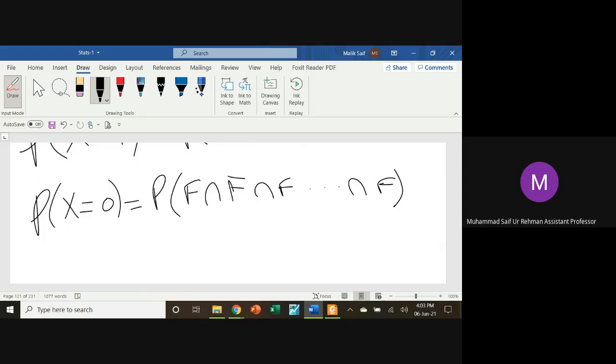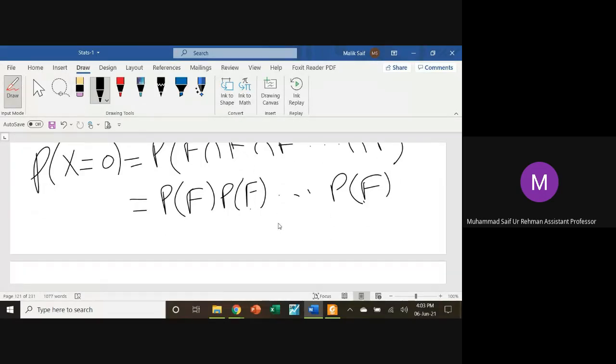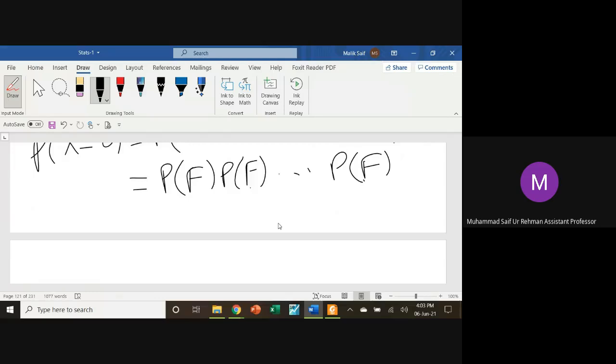So independent, so intersection sign is there. It means you will use special rule of multiplication, and in special rule of multiplication you will multiply the probabilities, pf multiplied by pf multiplied by so on up to pf. Is it or not? Yes, according to special rule of multiplication, independent events.